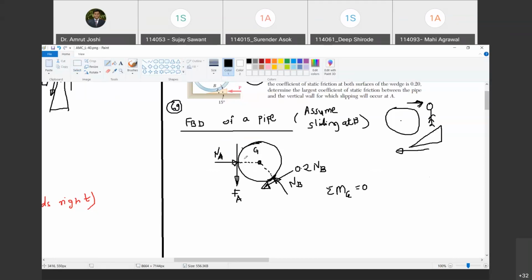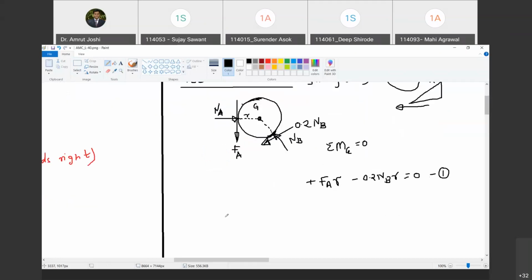Let me call the radius R. So it is FA into R. Do you agree with me? Yes, sir. And it is positive because it is anti-clockwise. Whereas 0.2 times NB into R is negative, and therefore I am going to write it as minus 0.2 times NB into R. Happy? Yes, sir. Equal to 0. This is the first equation that I have got.